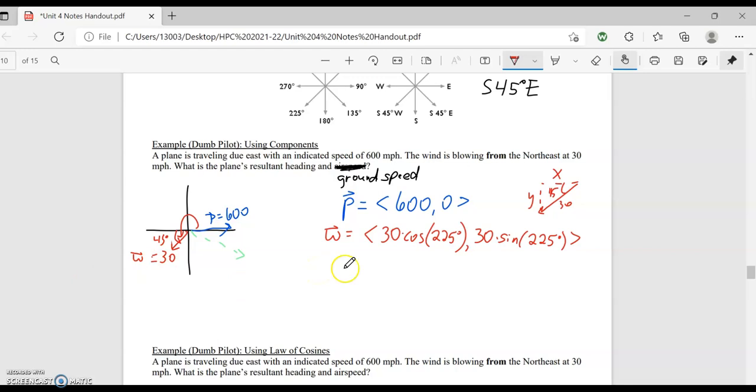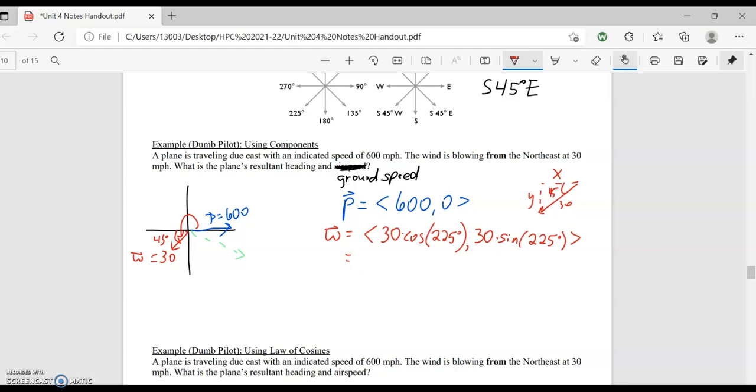See, if you did cosine of 45, you're still going to get the same magnitude value, but cosine 45 is going to be a positive number. Cosine of 225 is negative. So we do want to make sure that we account for that and we get negative answers. So in the end, we can get that simplified.